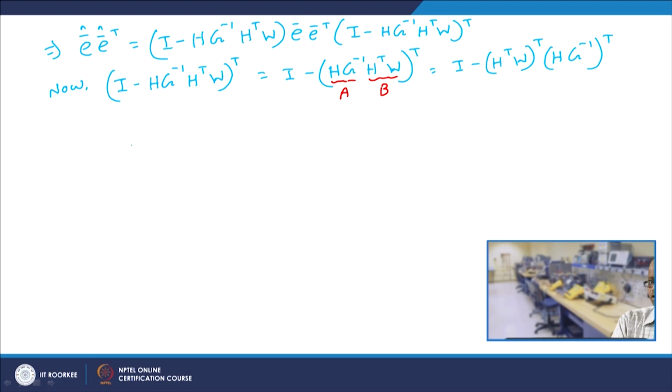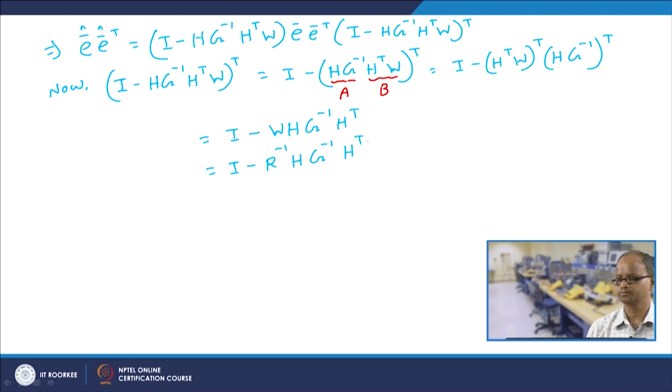So, then therefore, I minus W is a diagonal matrix. So, it is W H G inverse H transpose, and W is I minus R inverse H G inverse H transpose, right.